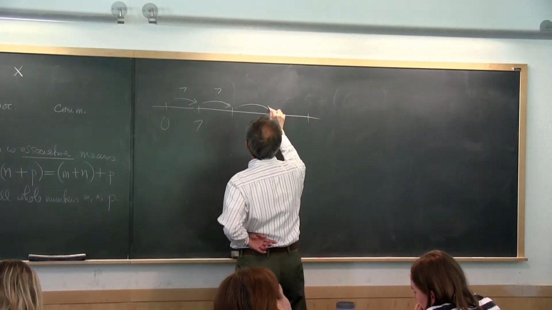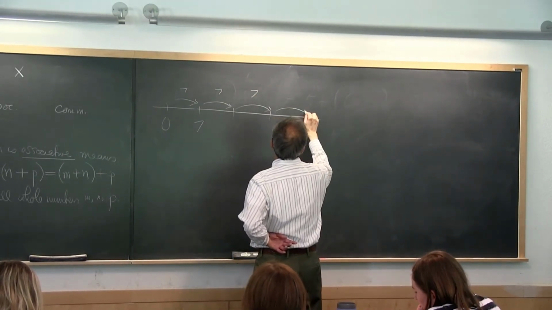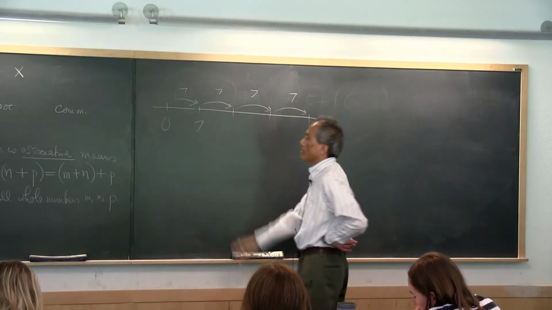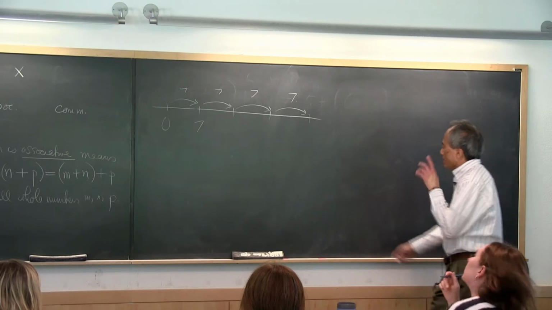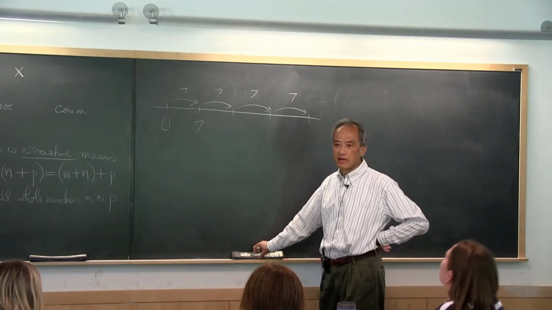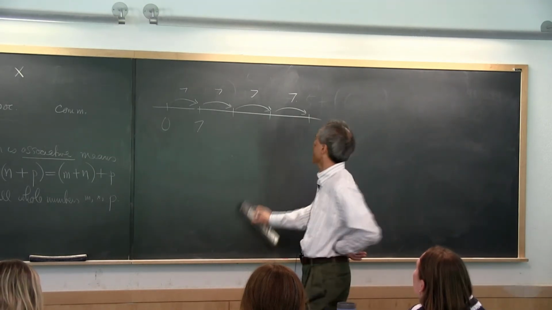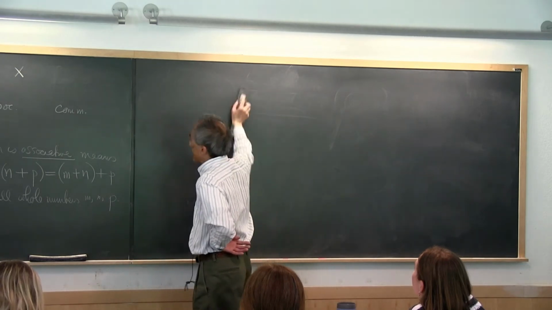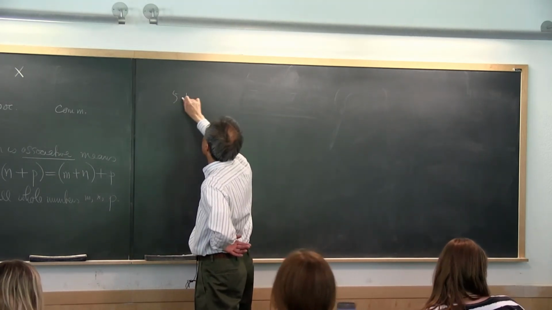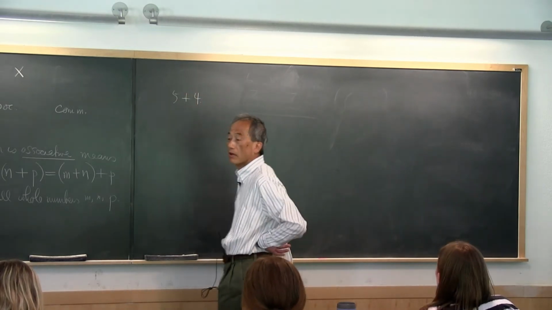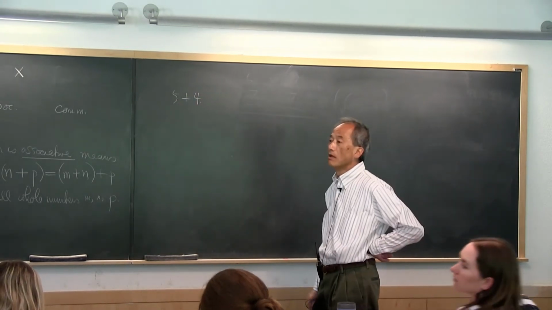Then 7 steps again, 21. Oh, I don't want to do that. One minute. Sorry. That's not what I'm going to do. I'm not doing multiplication. I'm doing addition, right? So that's 5 plus 4.